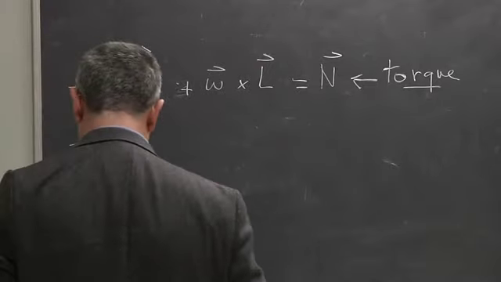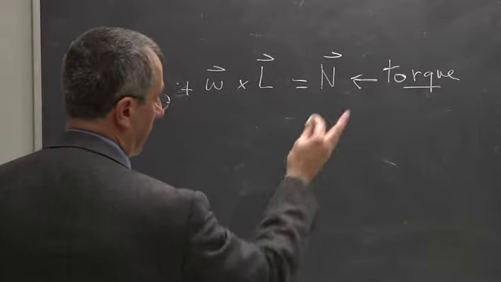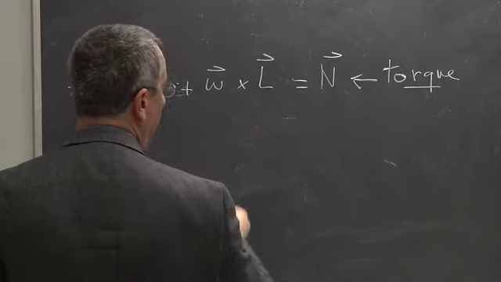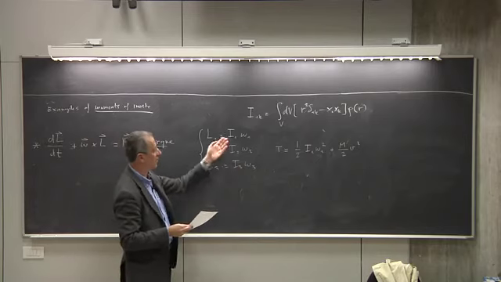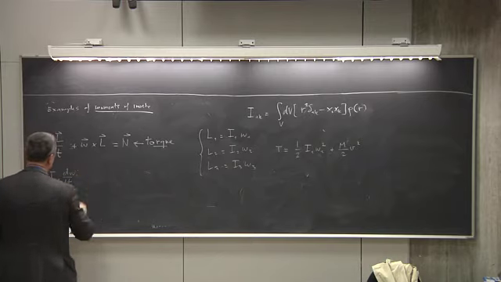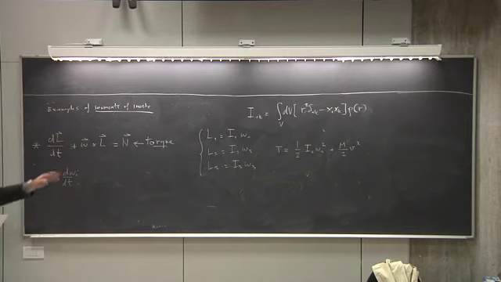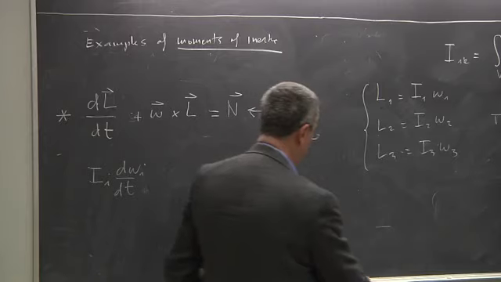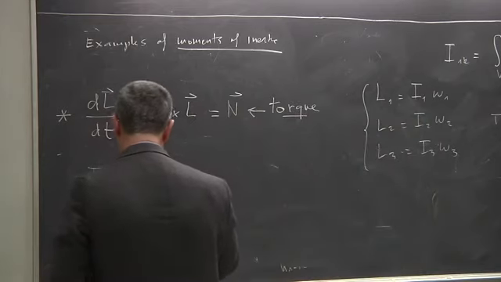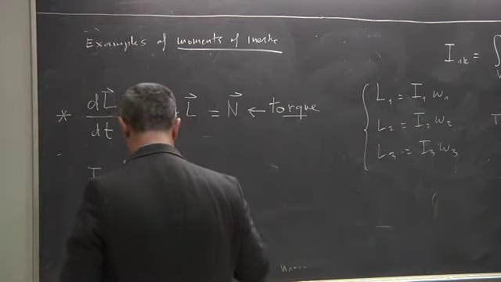I take my principal axis, and you see that these are constants once I've specified the axis, so they come out. So the first term is just this, I replace that. Plus, I have this vector product.